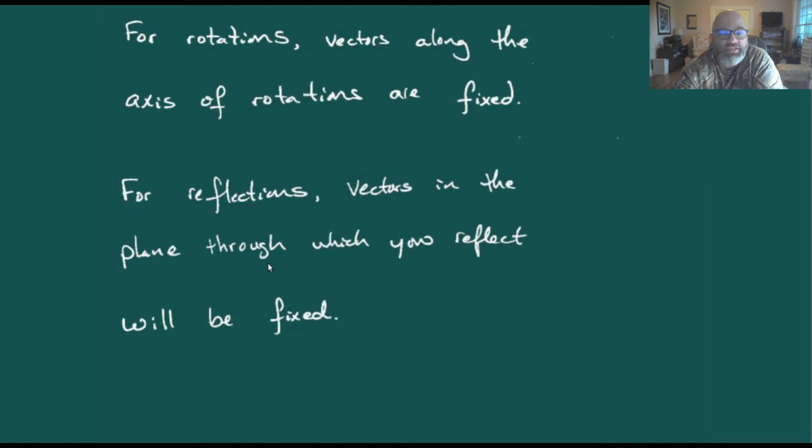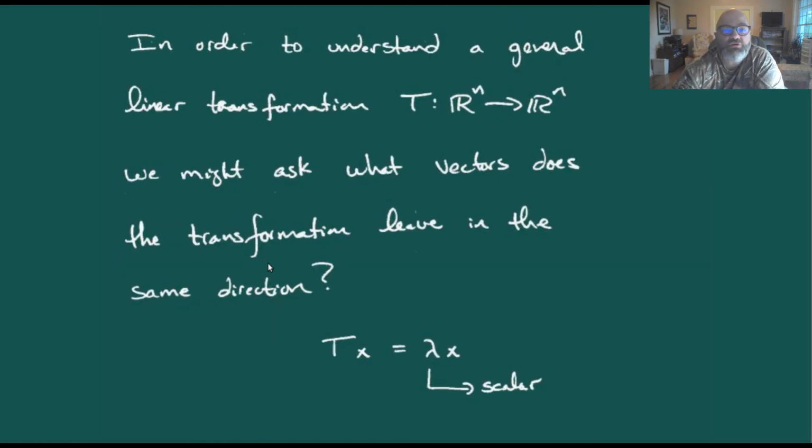And so what that leads us to is this notion that if we have just a general linear transformation T, we might very well ask, what vectors does this transformation leave in the same direction? What directions are really not changing? In asking that question, it leads us to the equation where if we take a vector and apply our linear transformation T, it's just being scaled by some scalar lambda.